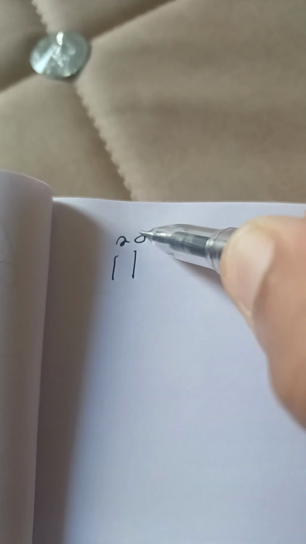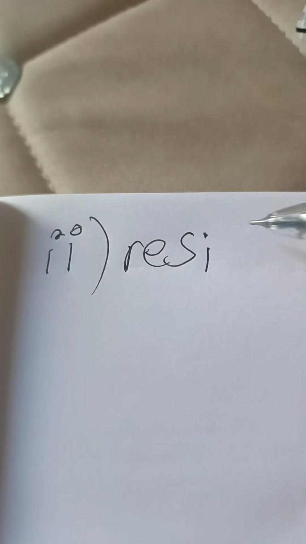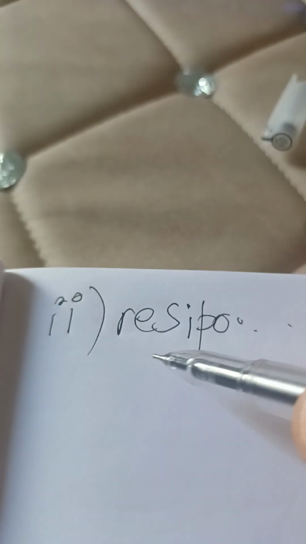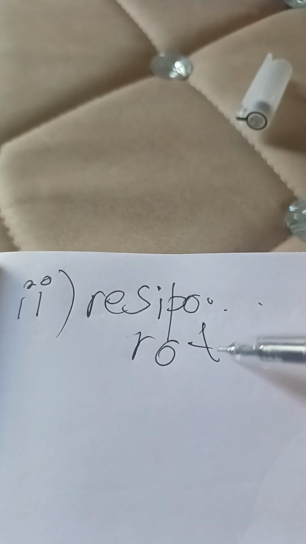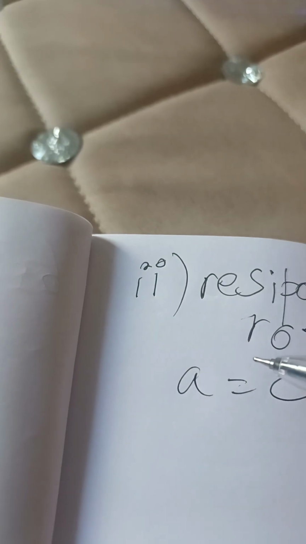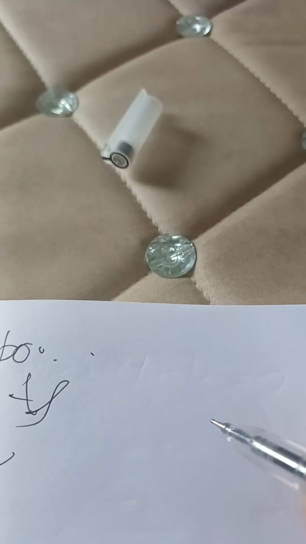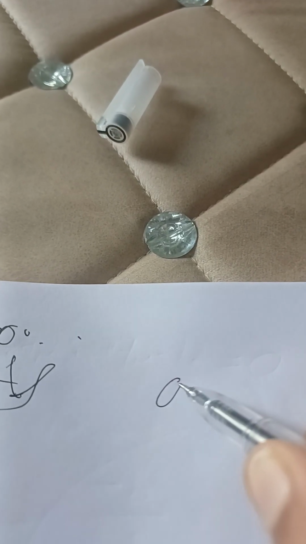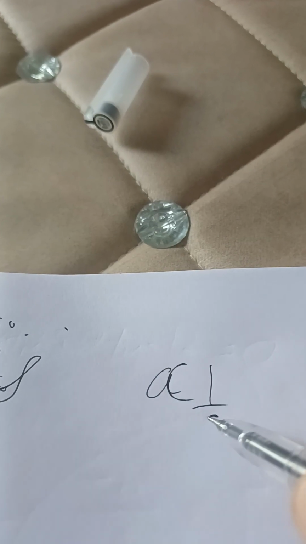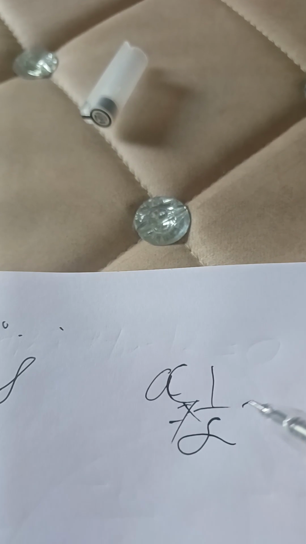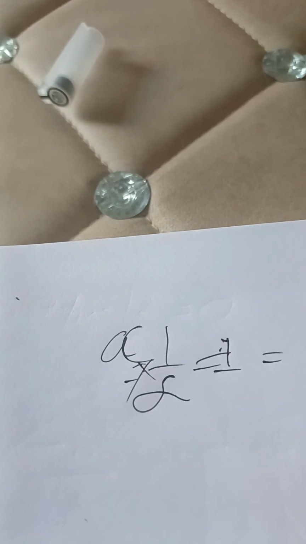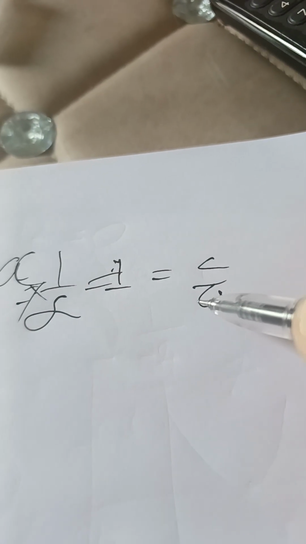And number 2 is reciprocal roots, right? It's like a is equal to c. That was the condition. Why was that the condition? Oh yeah, because a into 1 by a is equal to 1, which is equal to c by a, so a is equal to c.